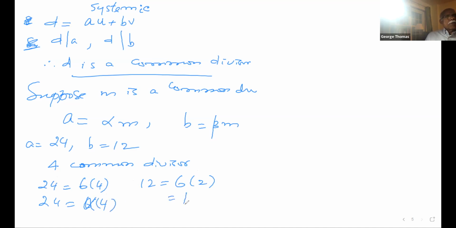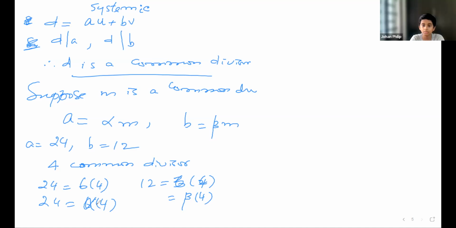And 12 is beta times 4, which is 3 times 4. So you see, the common divisor is 4.